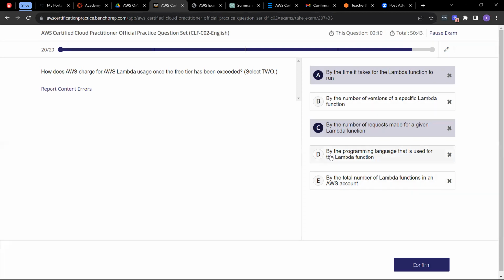The programming language doesn't count either, right? So it's the requests you are making. As you make an API call to the Lambda function, the code will run, so you'll be charged for it. And then the time it takes for the Lambda function to run, you will also be charged for it. So it's A and C.